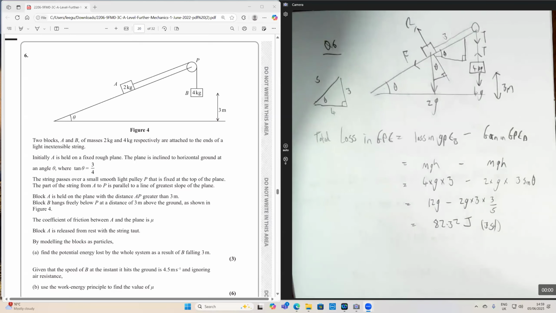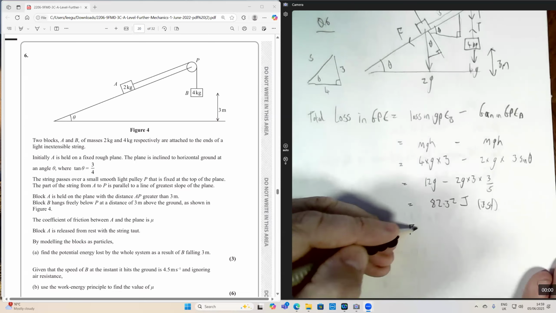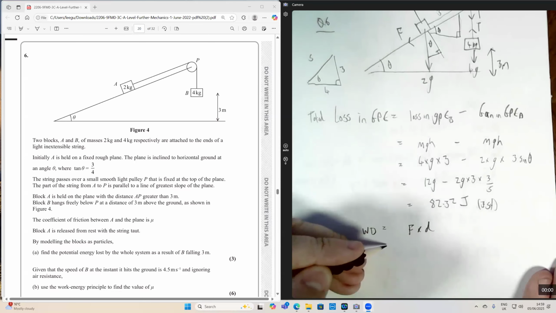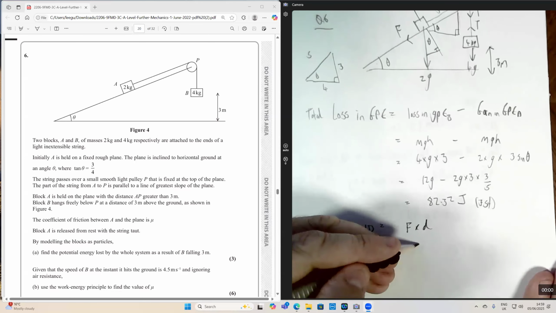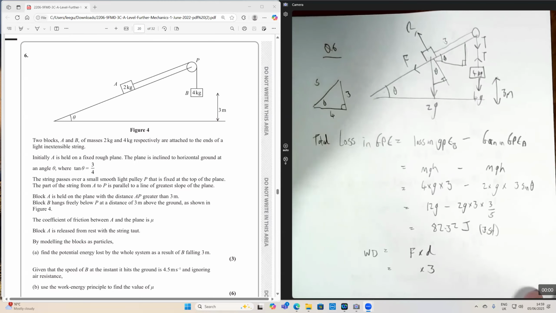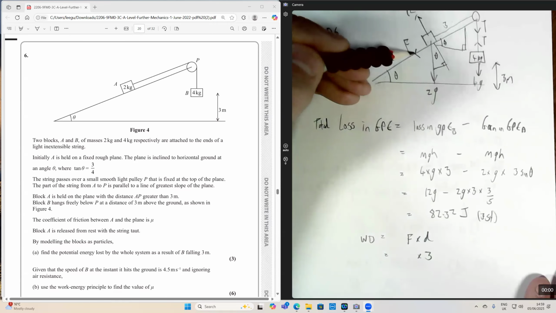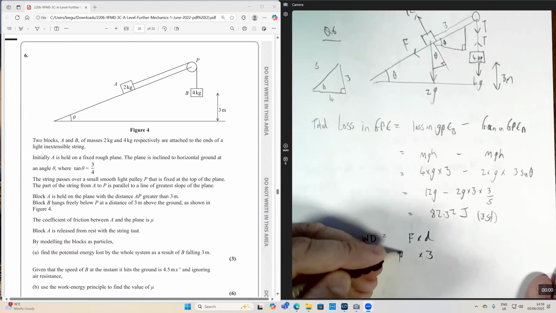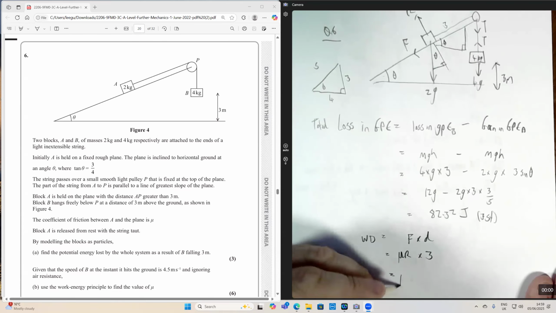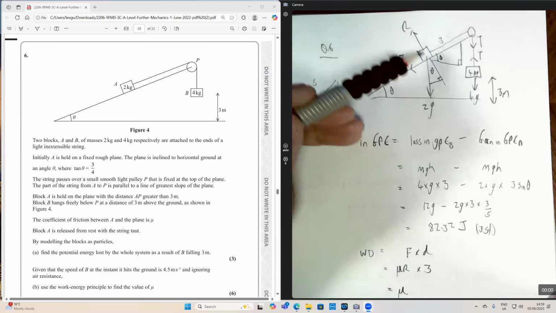Perfect. Now, let's think about the work done against friction. We know that work done against friction is equal to force times the distance moved. And the distance moved is going to be 3 meters. And what is the force? Well, the force in this case is friction, which is mu R. We don't at this stage yet know what mu is, but R we can find by resolving perpendicular to the plane.